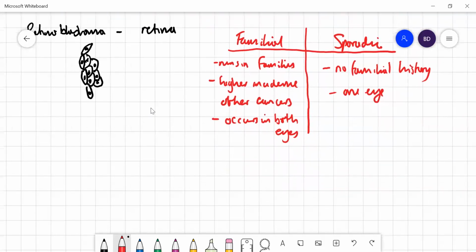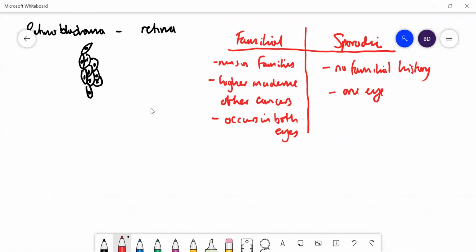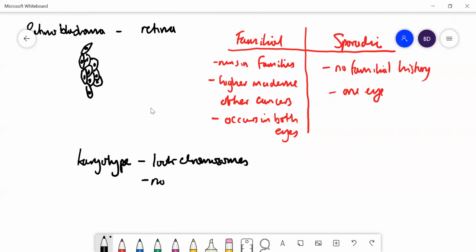reason people got a handle on this was because of the karyotype. If you remember, a karyotype is basically, if you catch a cell in cell division and look at all the chromosomes there, and you arrange them in homologous pairs, and of course, normally you're going to have 23 pairs of chromosomes.